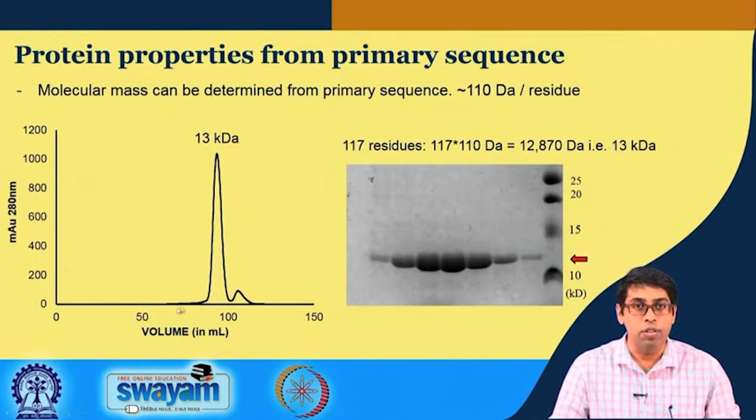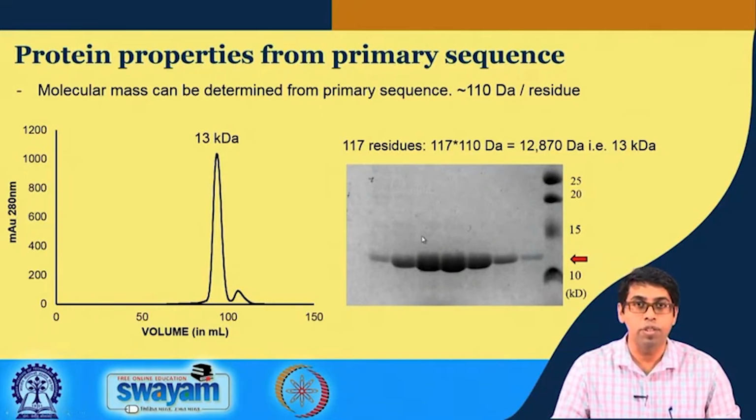In size exclusion chromatography, our protein of interest has 117 residues, and multiplying by 110 Dalton, the expected mass is around 13 kilodalton. The peak comes out at more than 90 ml. These positions are highly specific to the size of the protein. Larger protein molecules elute earlier, smaller ones elute later. So, this peak position corresponds very well to a protein of mass 13 kilodalton.